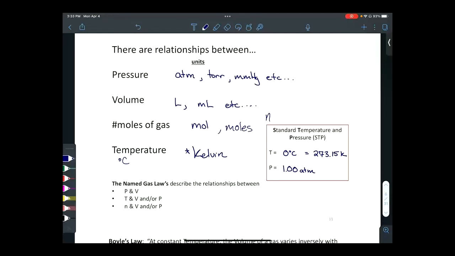So do recall that the relationship between Kelvin and Celsius is your Kelvin temperature equals your Celsius temperature plus 273.15. All of these different measurements are related to one another with the named gas laws that we'll talk about in a minute.